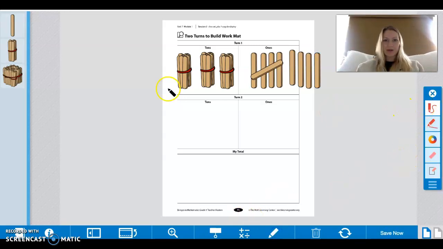Okay, let's take a look. How many groups of 10 do you see? 1, 2, 3. 3 groups of 10. 3 groups of 10s means we count by tens now. 10, 20, 30. It's worth 30, or its value is 30, but it's 3 groups of 10s.